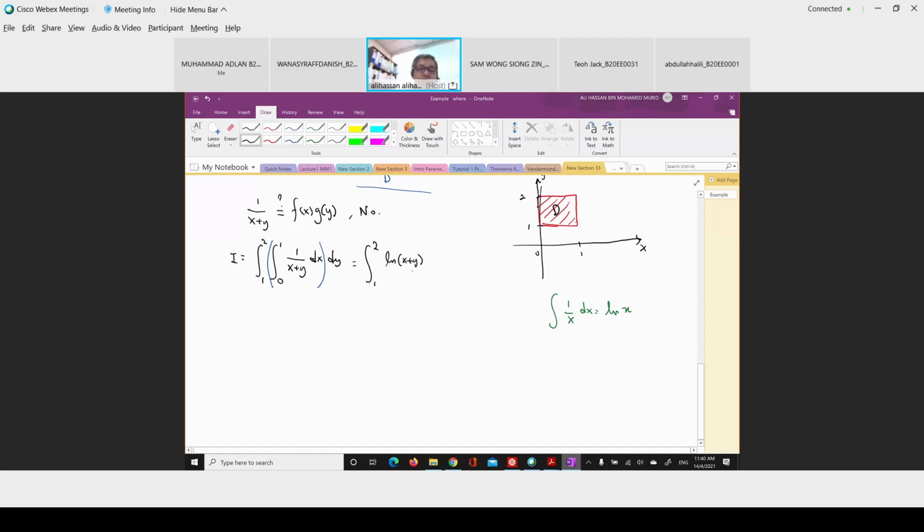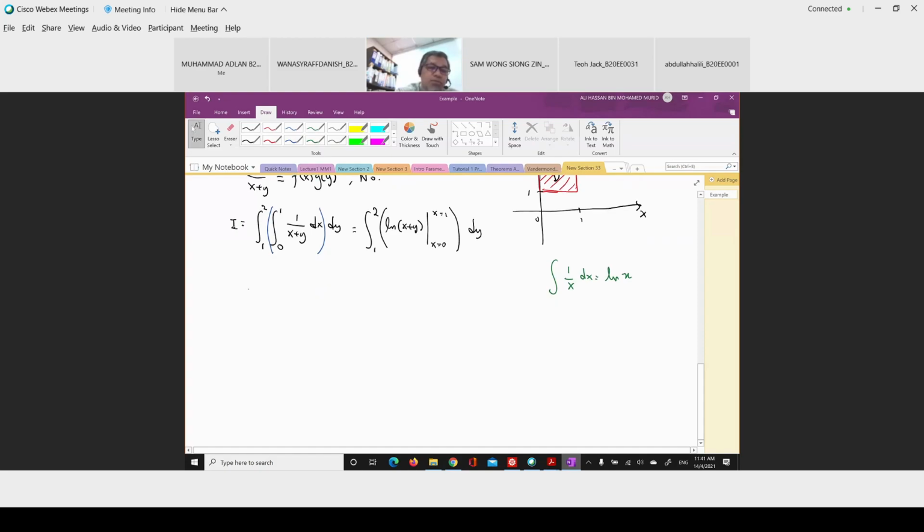Remember, y is a constant here, and x is between 0 and 1. So when x is equal to 1, we have ln 1 plus y. When x is equal to 0, we have ln y dy.